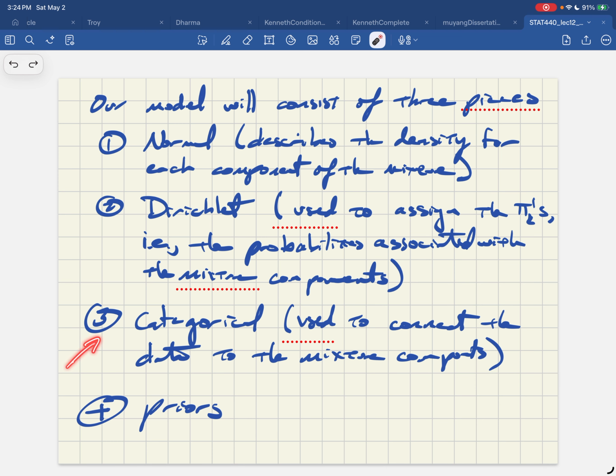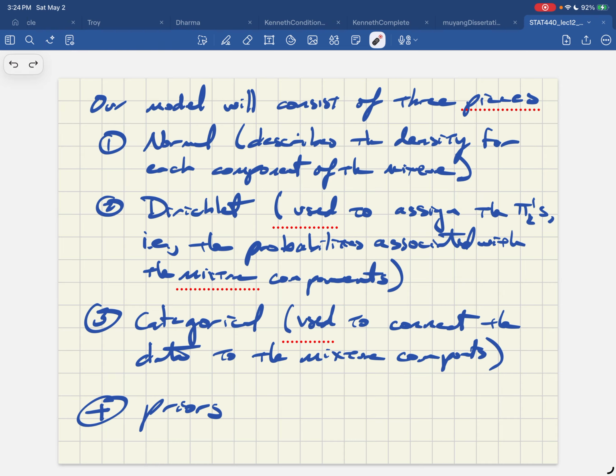A third piece of our model is going to be a categorical distribution. This is going to play the role of the Bernoulli distribution in our Bernoulli beta model. It basically is going to assign the outcome to a mixture.